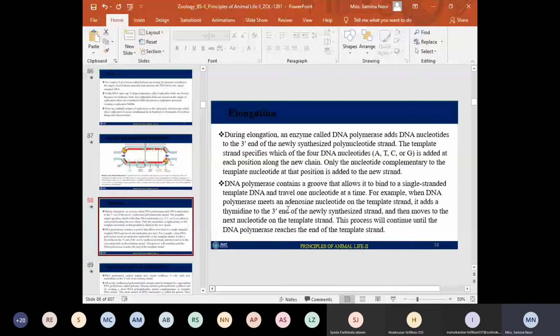So just the complementary nucleotide comes along and attaches to the parental template strand, okay?